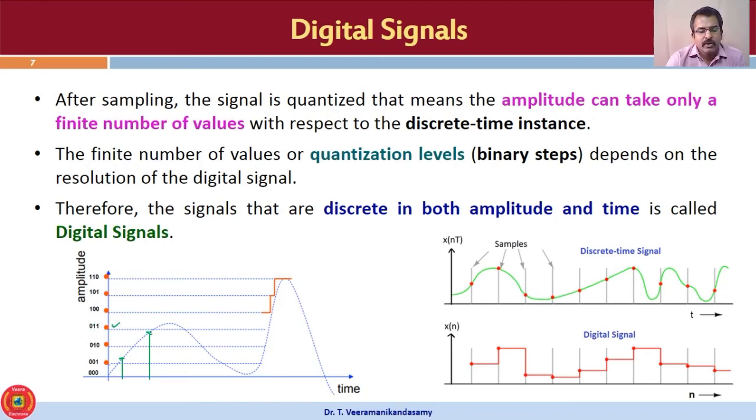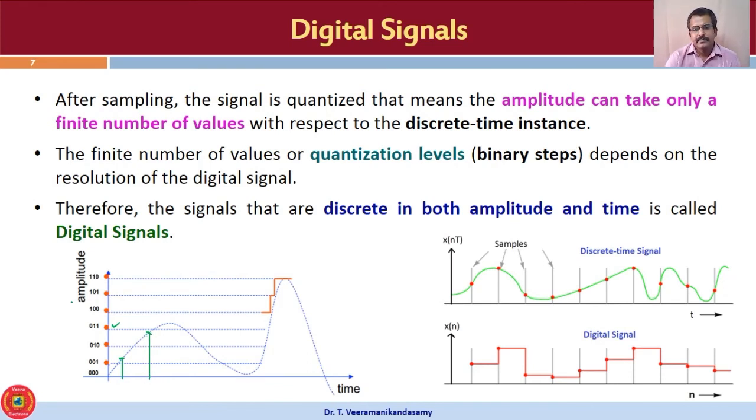This is the concept we use to convert a discrete time signal into a digital signal. Therefore, a signal that is discrete in both amplitude and time is called a digital signal.